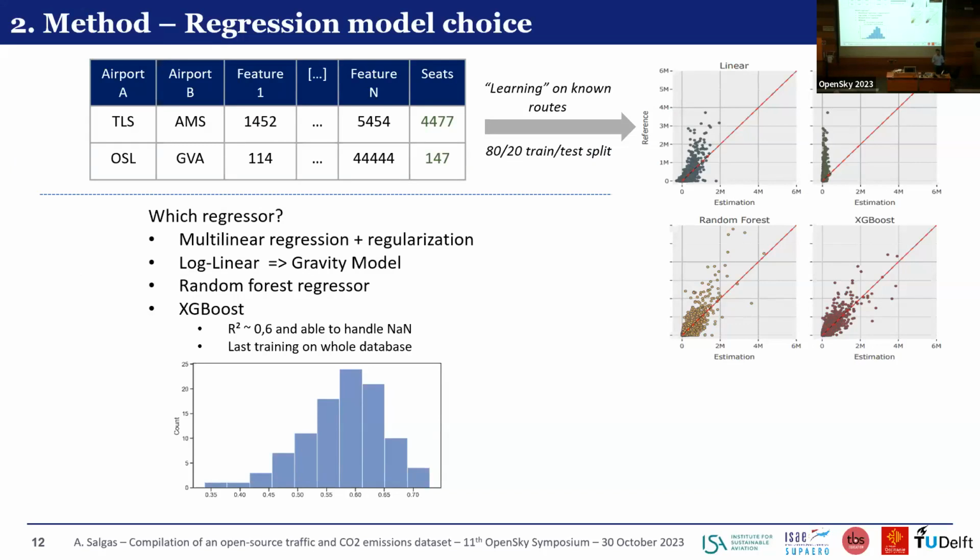We tried to use simple methods in the beginning, such as multilinear regressions, using regularization techniques, log linear regression as well, but these failed to provide a sufficient level of fidelity on the testing dataset. And in the end, we ended up with more elaborate regression methods, such as random forest and the XGBoost algorithm.